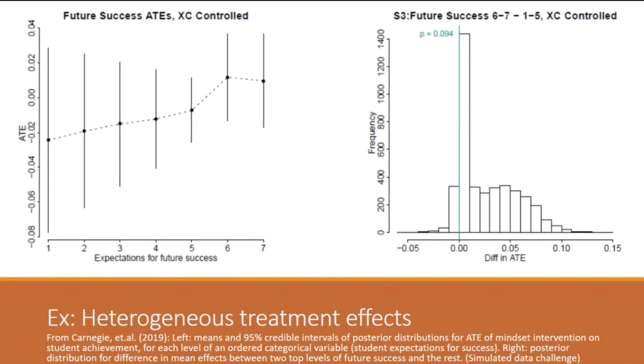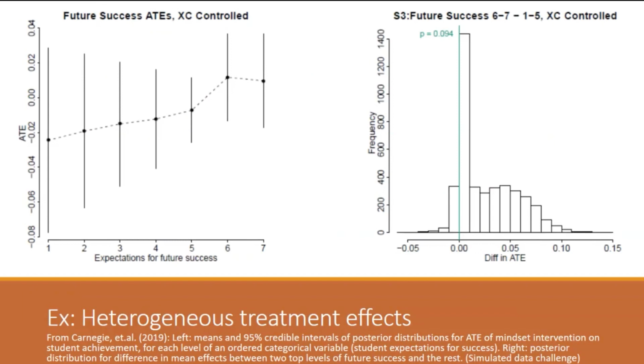So for heterogeneous treatment effects, once we have a set of draws for each observation, true or counterfactual, and a number of draws from each distribution, we can compile them in other ways to estimate heterogeneous treatment effects. So this is from a paper that I was on looking specifically at a workshop on estimating heterogeneous treatment effects.